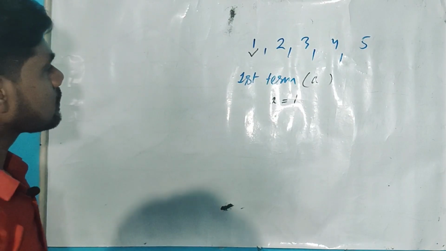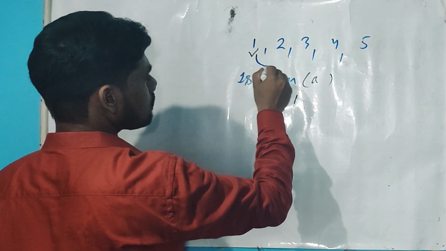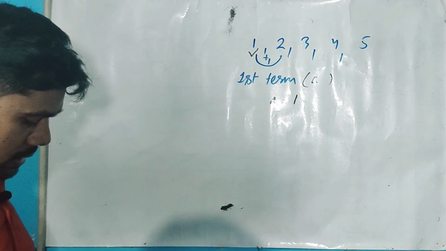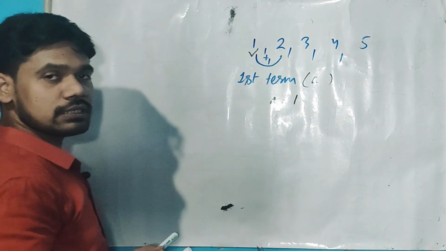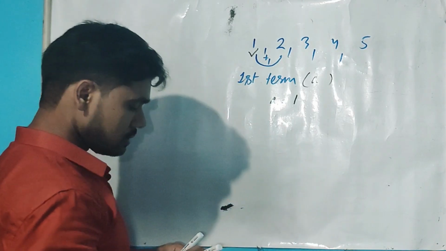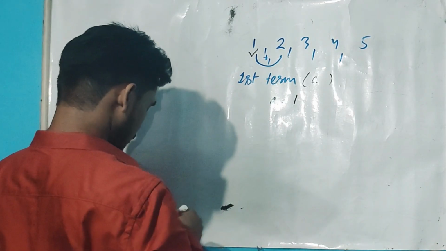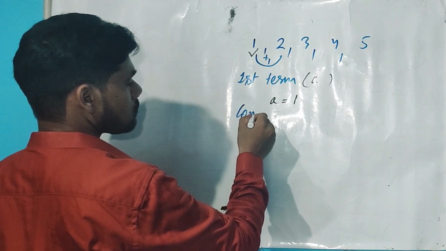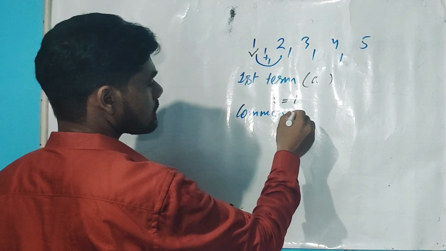After that we add one to it, then it becomes 2. So if we find the difference, there is one common difference.